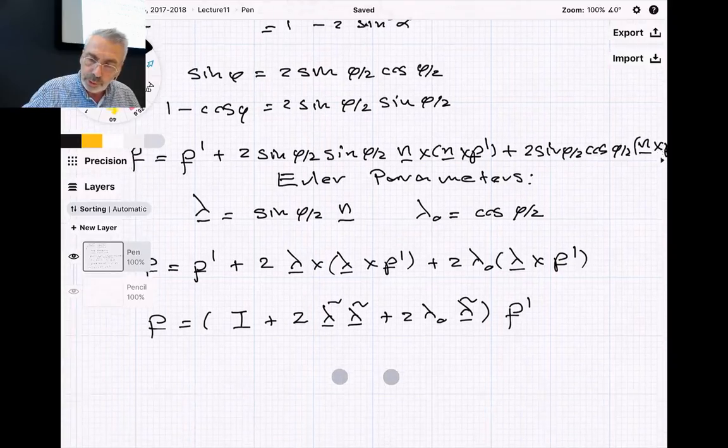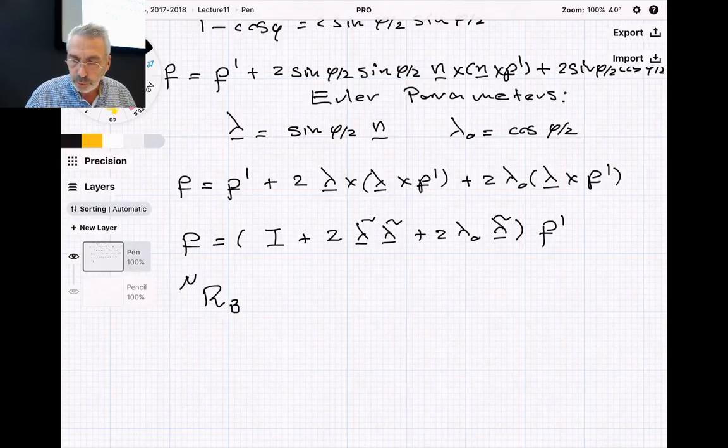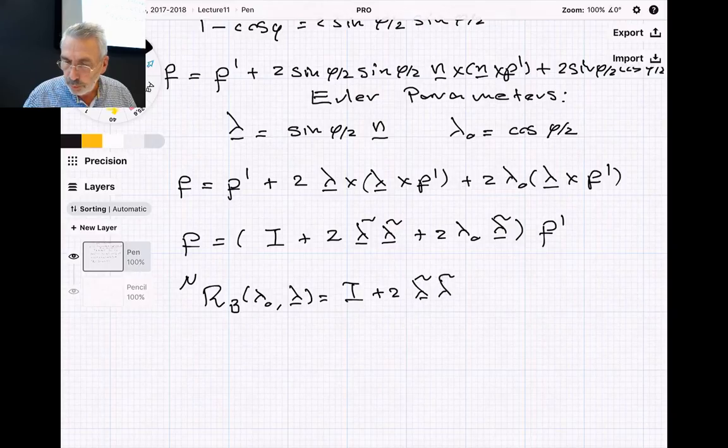Or in other words, we can write our rotation matrix, again from the body fixed frame to the inertial frame, expressed in terms of these Euler parameters as I plus 2 lambda tilde plus 2 lambda 0 lambda tilde.